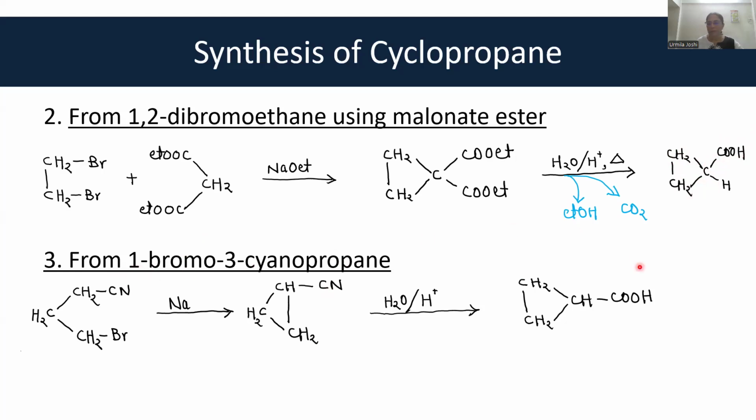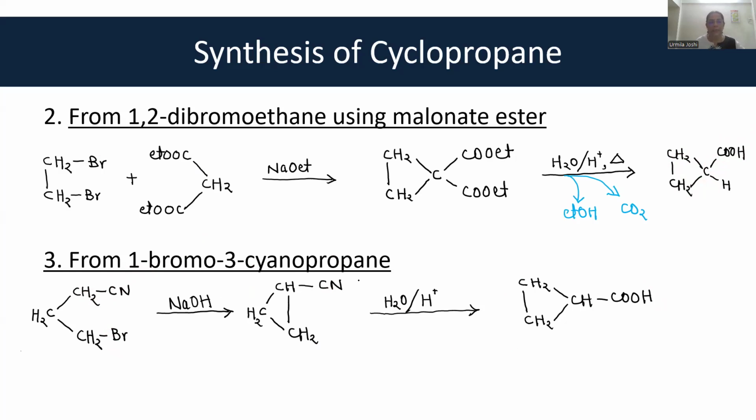The third method for synthesis, again for cyclopropane carboxylic acid, is from 1-bromo-3-cyanopropane. Forgive me for this mistake. 1-bromo-3-cyanopropane, when it is treated with NaOH, first forms cyanocyclopropane.